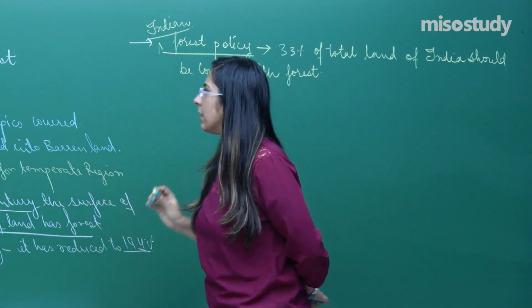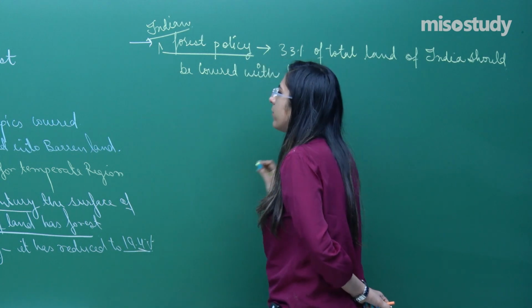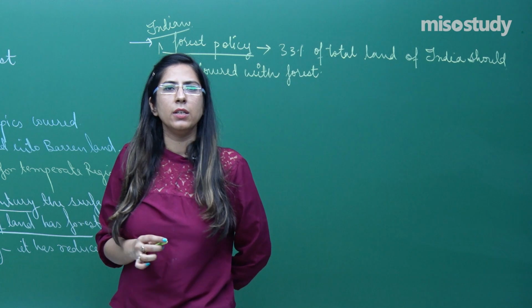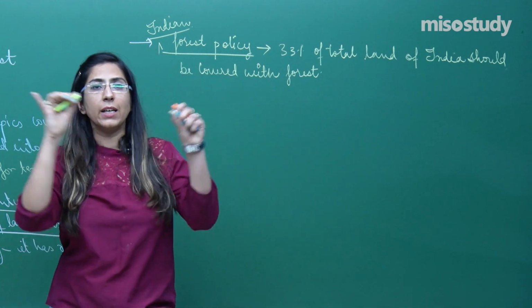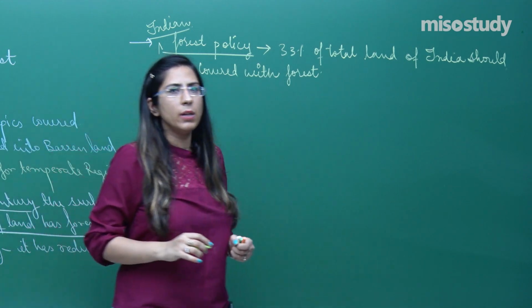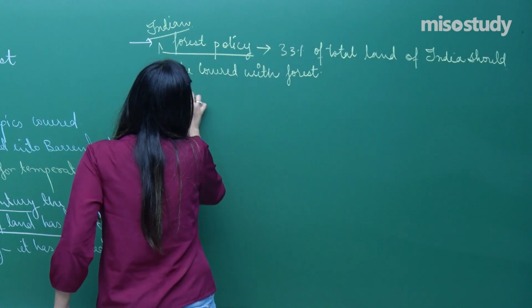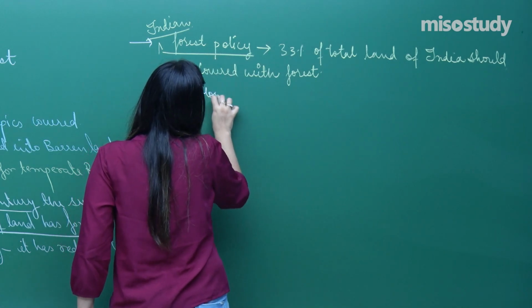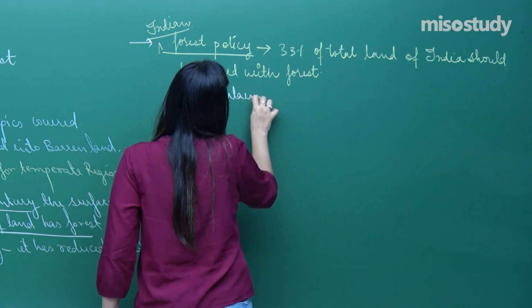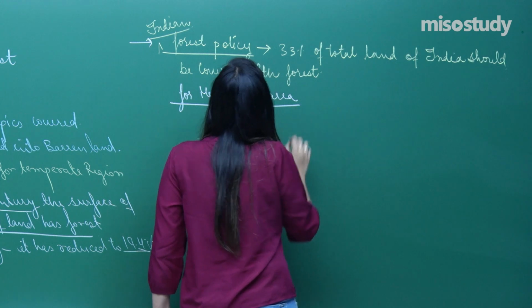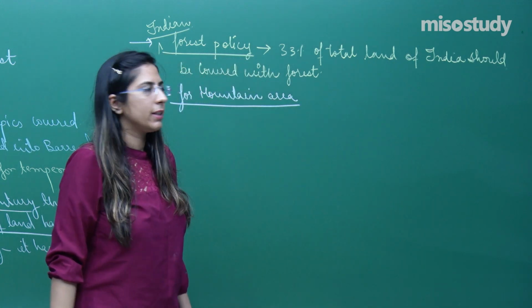Even this data is slightly different for the mountain areas. Around 60% of the total mountain area of India should be covered with forest, according to the Indian forest policy.